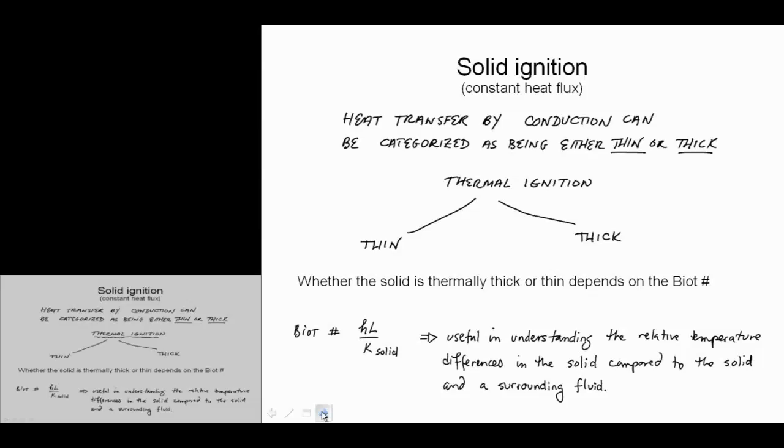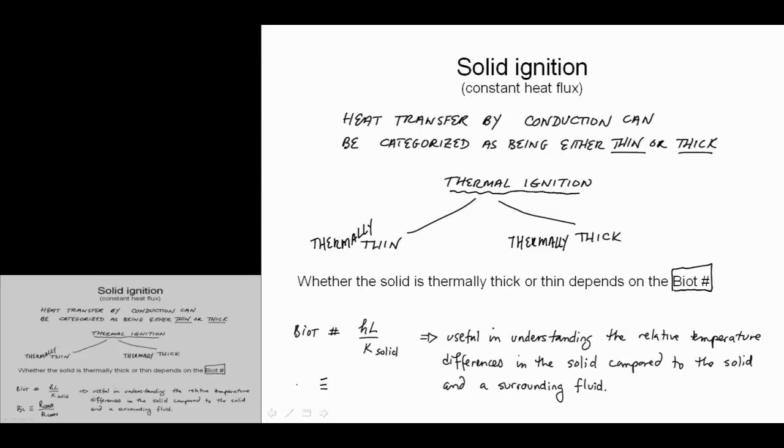either thermally thin or thermally thick. Now, if you recall, one of the parameters that we've discussed in this class is this Biot number. So if you, again, recall our discussions about this, we said the Biot number is the ratio of the conductive resistance divided by the convective resistance.